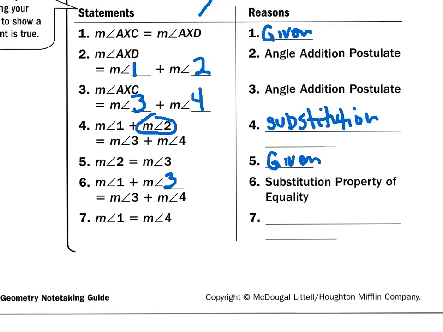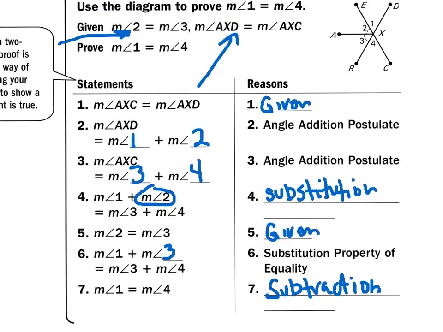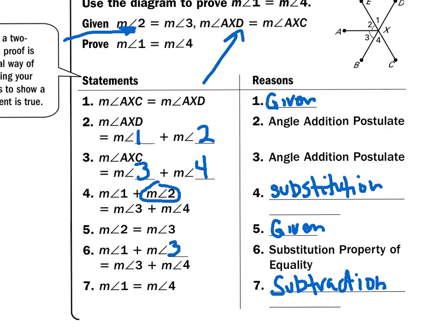Then, do you know what I can do? I can get rid of 3 on both sides using the subtraction, and I am left with measure angle 1 equals measure angle 4, and that's what we wanted to prove. So we have proved it.